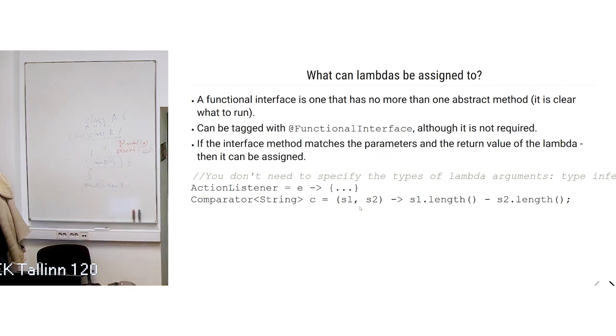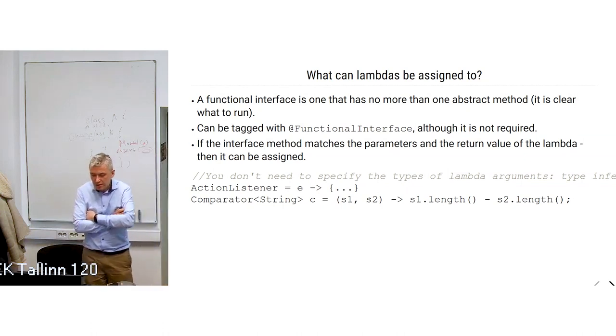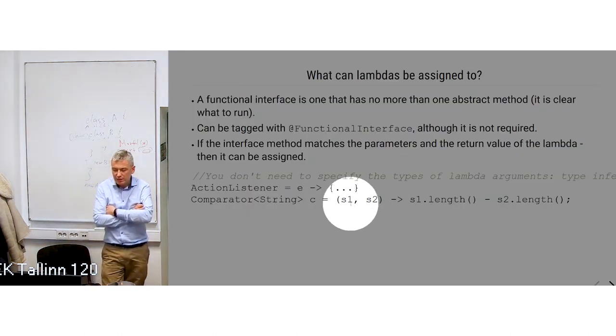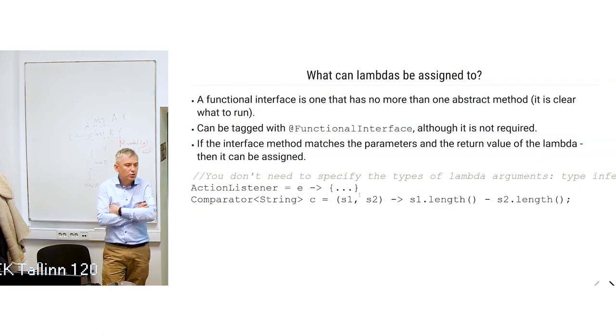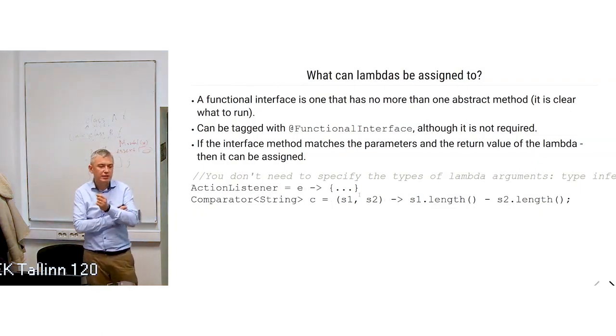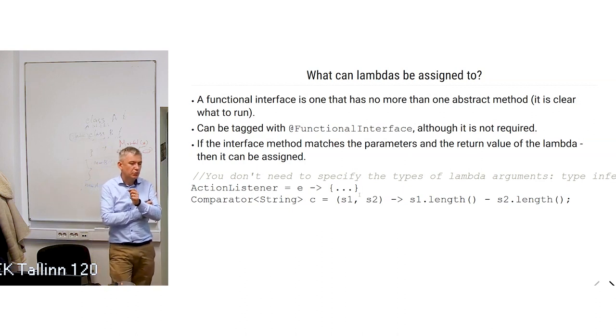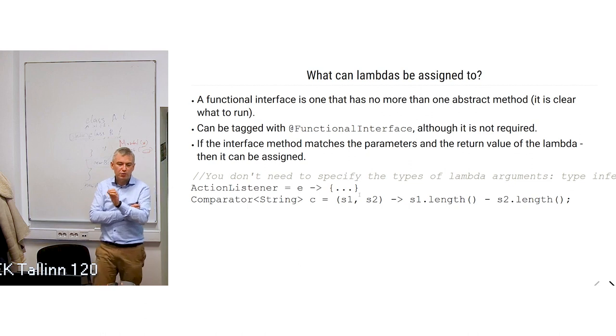Some people just praised this feature when it appeared in Java 8, because now we can write more concise code. But as you can see here, looking only at the code, it's very difficult to understand the types of these variables without the help of an IDE. But this is what modern programming is.